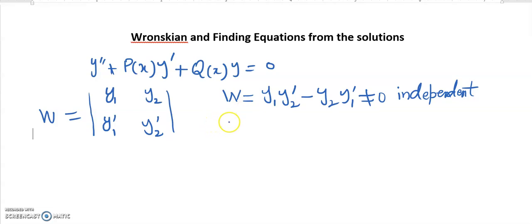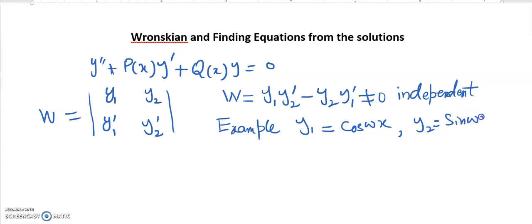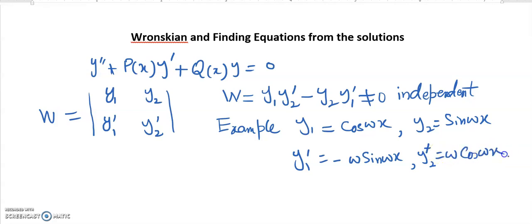For the time being, we will only be looking at this application of Wronskian. As an example, we can test the Wronskian of two functions. Function 1 is cosine of omega x, function 2 is sine of omega x. So y1 prime will be equal to minus omega sine omega x, and y2 prime will be equal to omega cosine omega x.